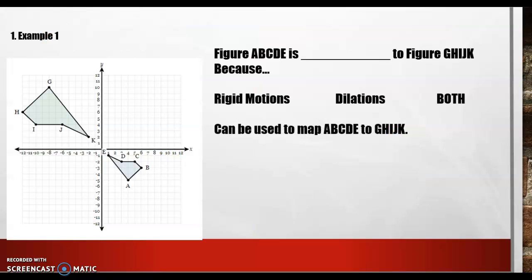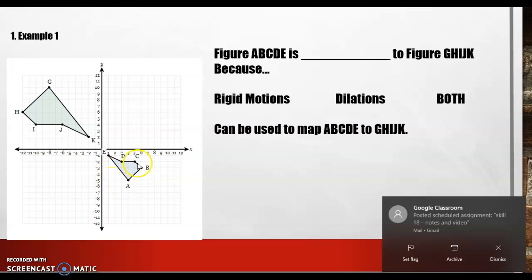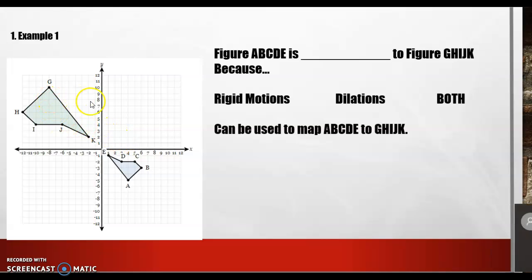So in this first example, we have figure ABCDE, and then we have figure GHIJK, and we're trying to figure out whether they are congruent or similar. If I was to find out the transformations that happen, I can see that it was rotated this way, but it also has a dilation, which made it bigger.